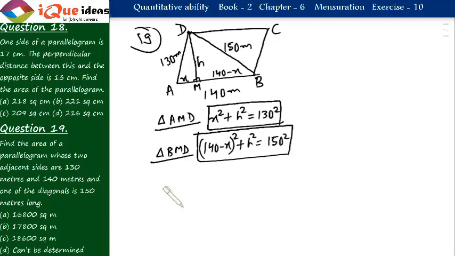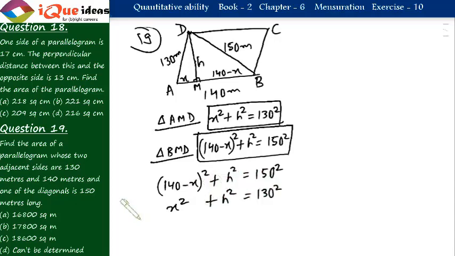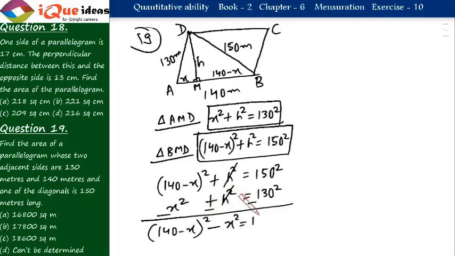Now subtract the first equation from the second equation. I'll write it again: 140 minus x whole square plus h square is equal to 150 square, and the other equation is x square plus h square is equal to 130 square. If you subtract, h square gets cancelled and on the left hand side we have 140 minus x whole square minus x square is equal to 150 square minus 130 square.